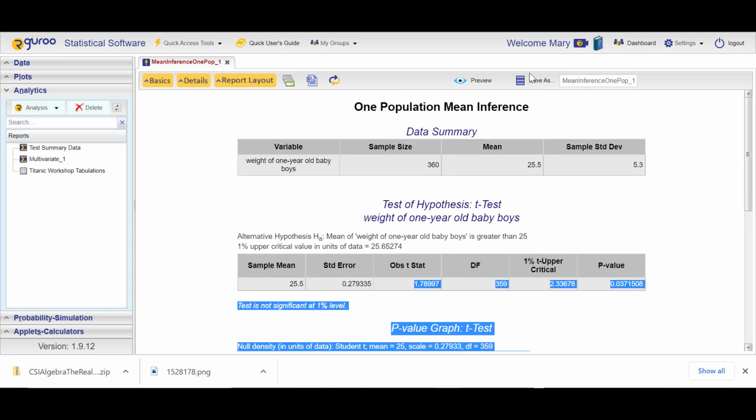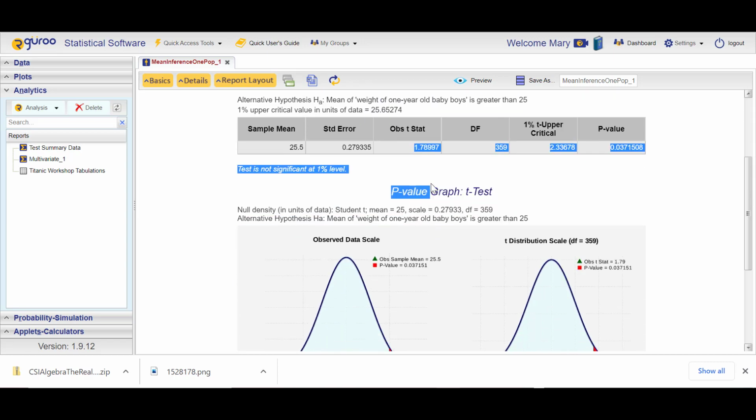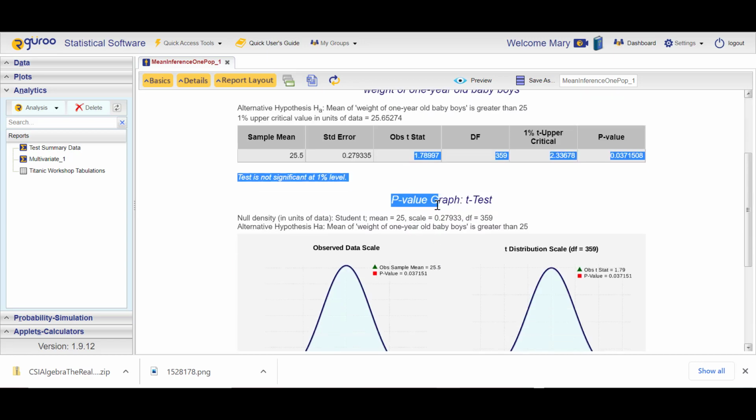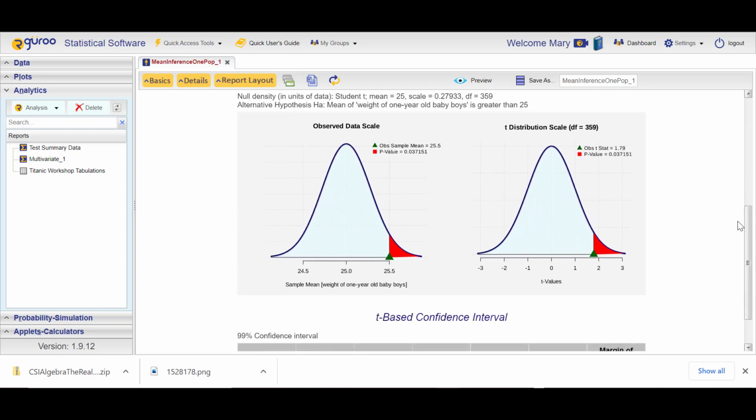Only meant to highlight this one thing here. I highlighted everything. It gets happy with a highlighter. So this first part that I highlighted, the 1.789997, if they ask for the test stat, that's it. But we want the p-value over here on the end. You can also get it down here from this graph.